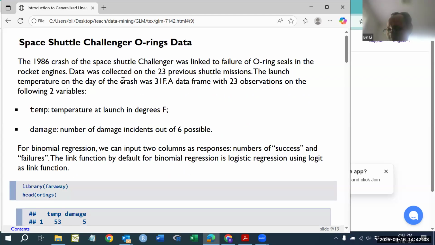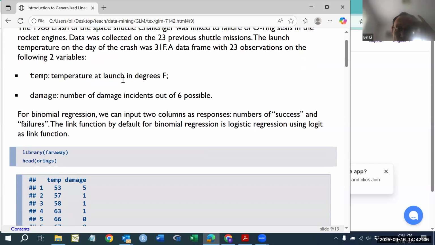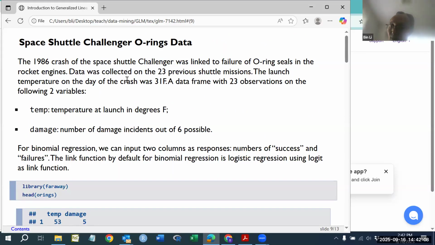So let's see some examples. This is a very classic example in generalized linear models. It is from the 1986 crash of the Space Shuttle Challenger. This was linked to the failure of a certain part called the O-ring seals in the rocket engines. Data was collected on 23 previous shuttle missions, and the launch temperature on the day of the crash was 31°F, which is extremely low.